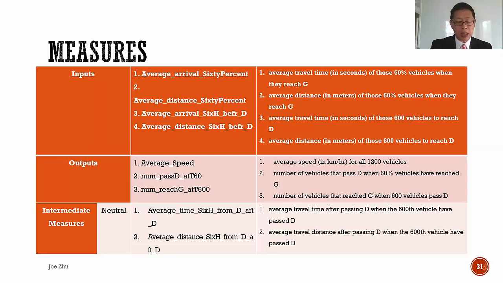So depending on how you define these measures and how you would like them to be at each stage, it depends. So for example, in this case, I believe in the first stage when they're coming out, you want them to be the larger the better, or when you're coming into the second stage, the smaller the better. It's sort of like output coming out and coming into the second stage as the input.